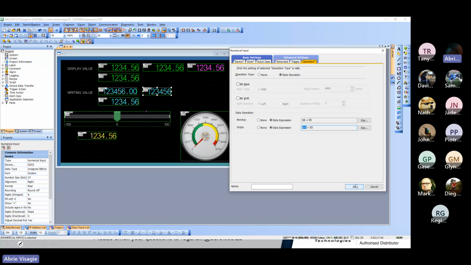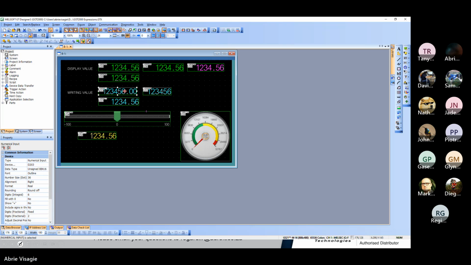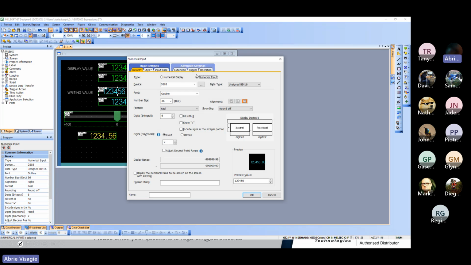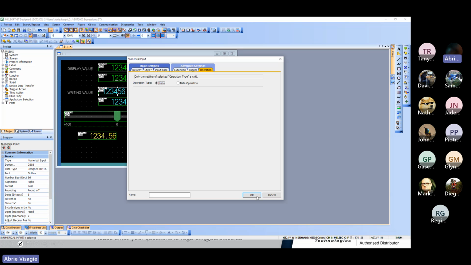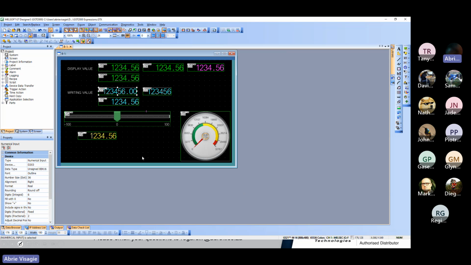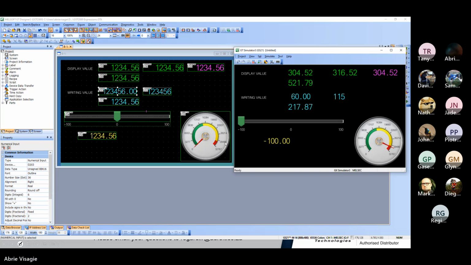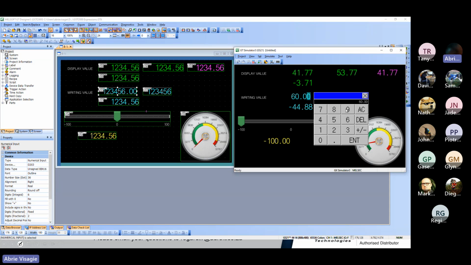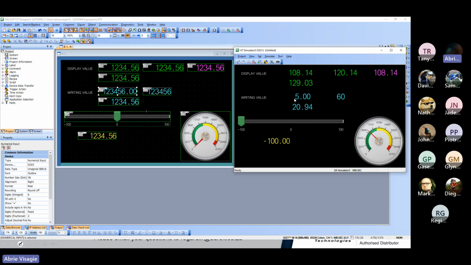This means that for a value D203 over here, we can see that we have no additional operands being added here, operations added. So should we be writing to this value over here, we would see it just shows us a 5.